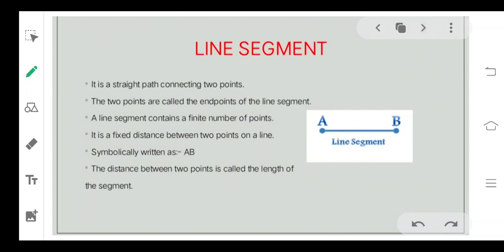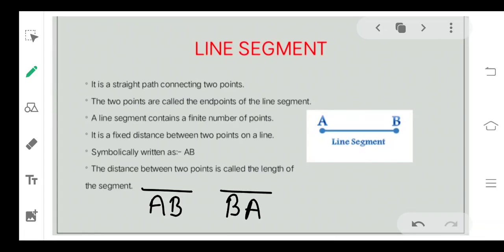Symbolically, we write it as AB, and we read it as line segment AB. We can also write it as line segment BA.